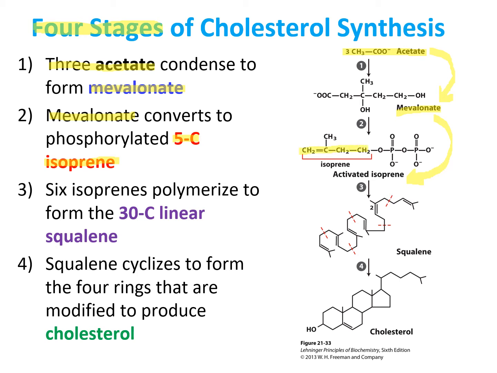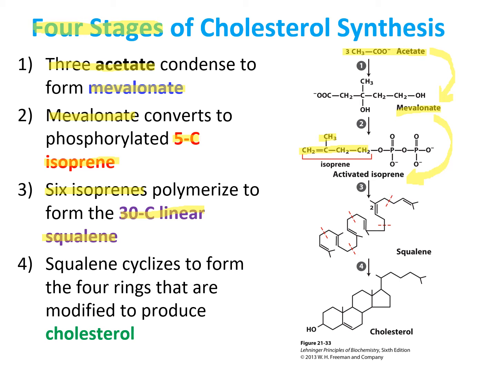As we can see here, this isoprene molecule has 5 carbons in it, and they are attached to phosphates as well. Stage number 3: we take 6 of these isoprenes that we made in stage 2 and polymerize them, join them together to make a linear structure which will have 30 carbons, because each isoprene has 5 carbons.